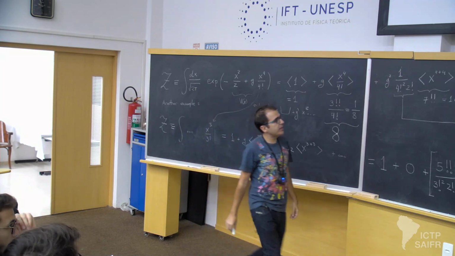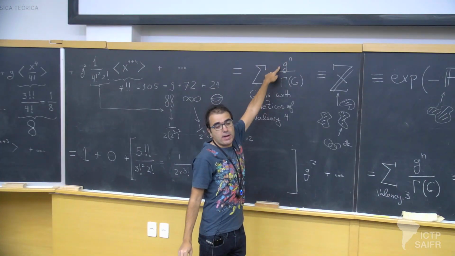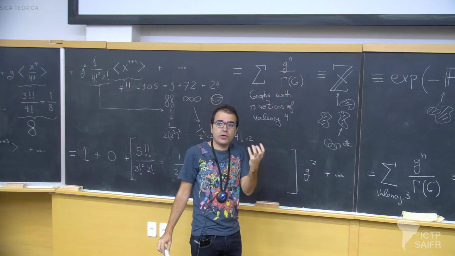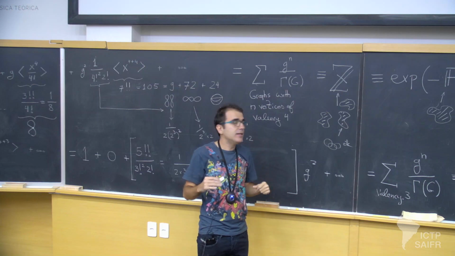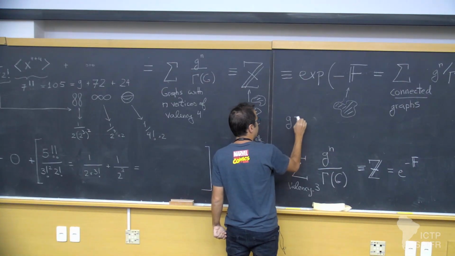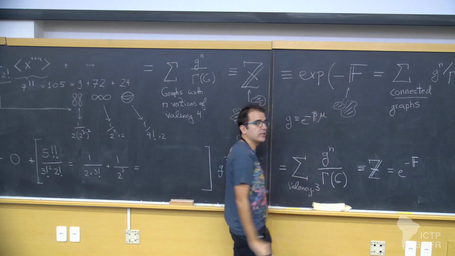What about the physical meaning in this statistical mechanical sense? Well, written like this, it might not be immediately obvious if I tell you that g is a chemical potential for the growth of these graphs. But it becomes obvious if you just define g as e to the minus the inverse temperature times the chemical potential.